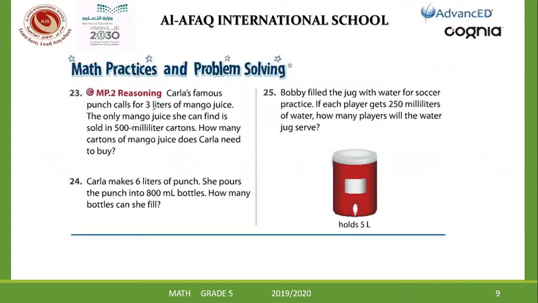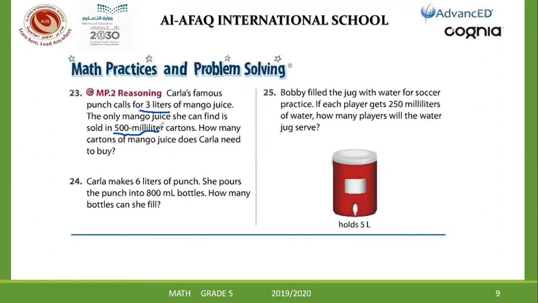The only mango juice she can find is sold in 500 milliliter cartons. How many cartons of mango juice does Carla need to buy? If she wants to buy 3 liters, she can find the 3 liters in how many cartons that each have 500 milliliters?